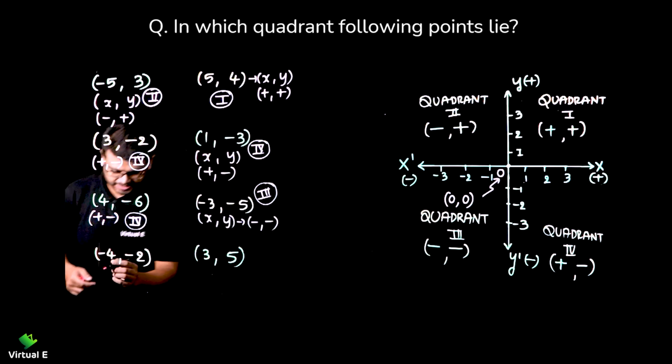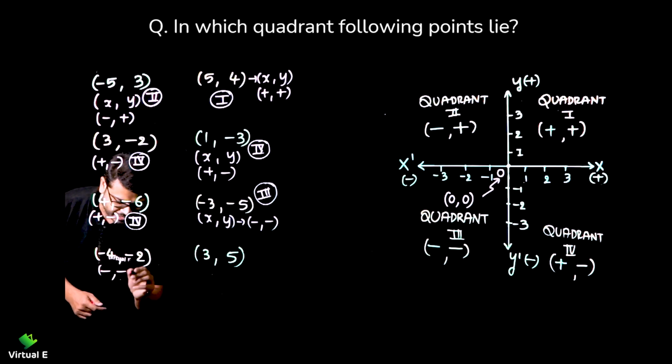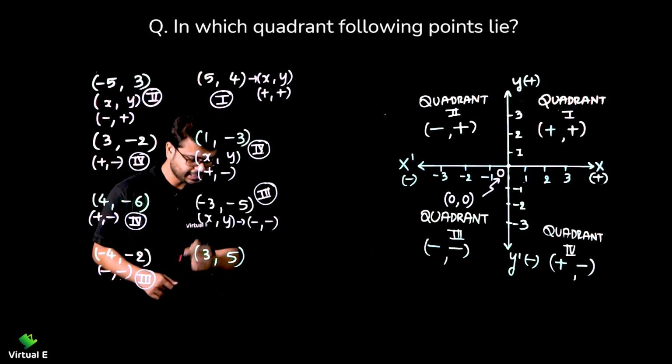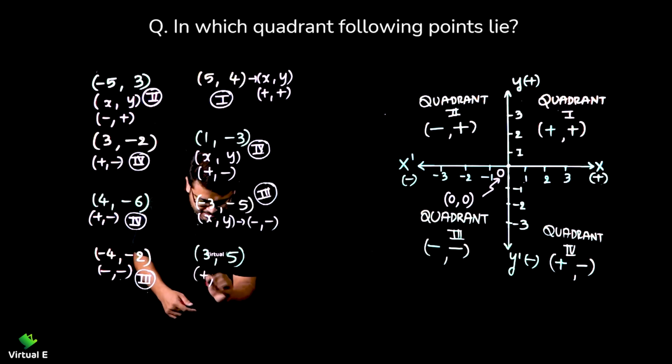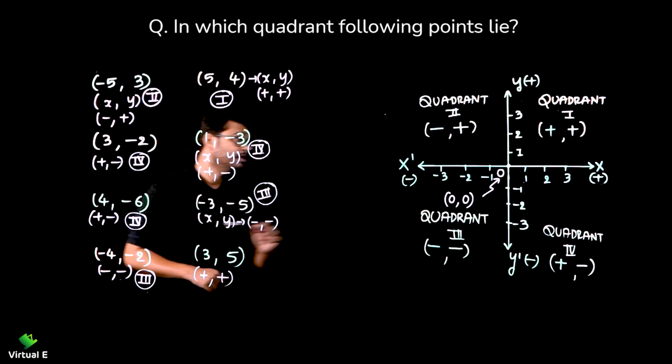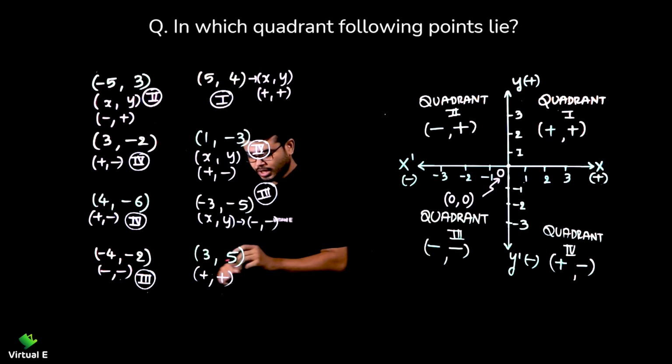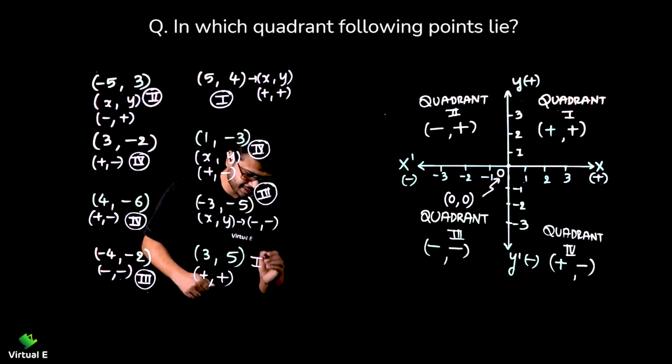Again, a similar case, I think. So x is minus and y as well. So it is quadrant number 3, just as we discussed, right? Then (3, 5). The x coordinate is positive, and the y coordinate as well. So that belongs to which quadrant? Quadrant number 1.